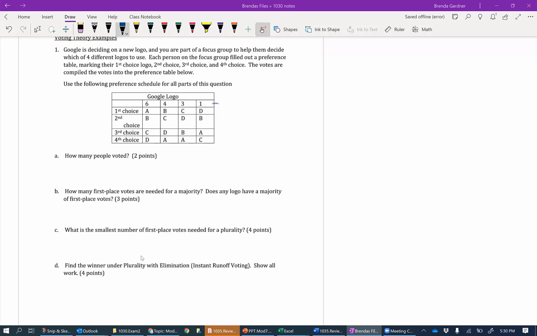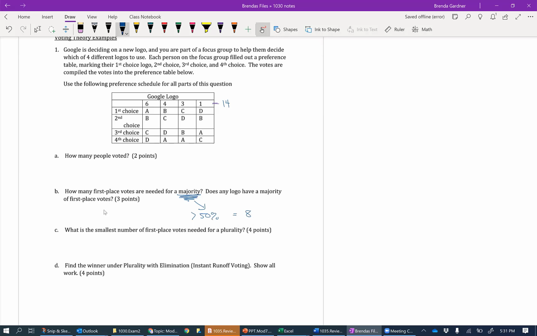Basically, we've answered a couple questions first. You want to make sure that you know what the majority is. In this case, you want to know how many people voted. So I've got 14 people, right? To have a majority, you need more than 50%. So I need 8, right?